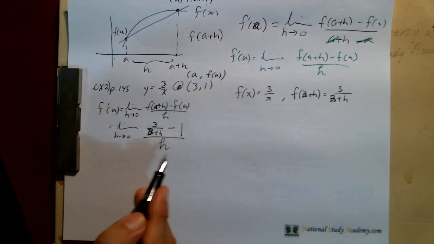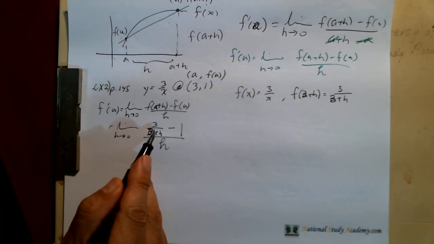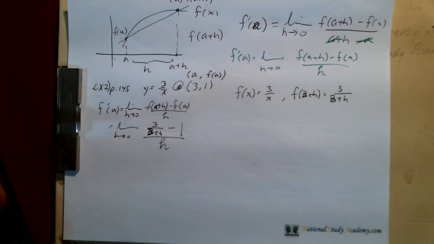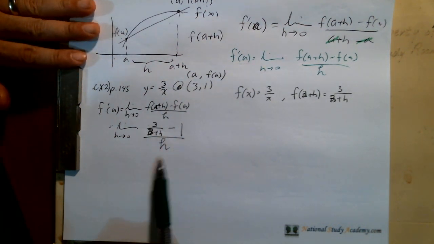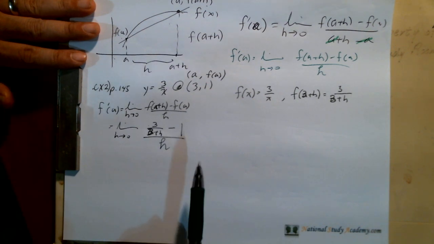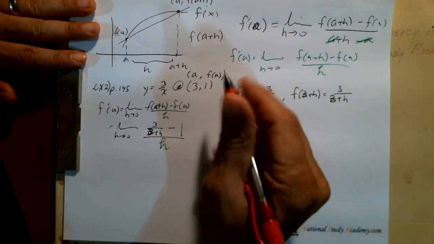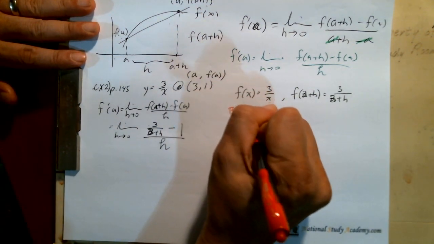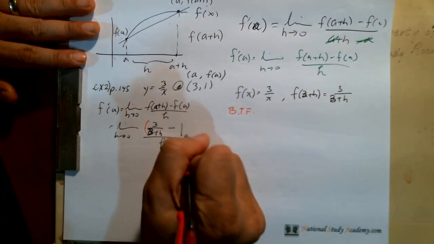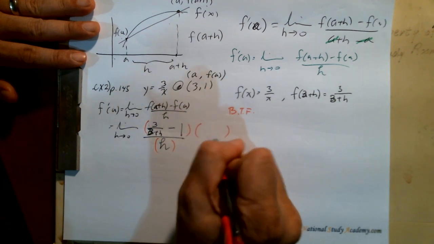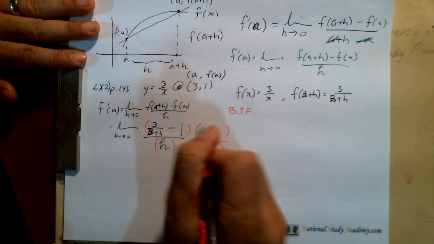Now, this is where it gets a little bit tricky. Sorry about that, 3 over 3 plus h. The way the book did it, I kind of don't like because it's kind of tricky the way they do it. We have what's called a complex fraction. We're going to change that and we're going to bust that fraction. It's called BTF, just for short. It's pretty important, so I'm going to call it BTF, bust that fraction. I'm going to multiply the numerator and the denominator by the LCD.